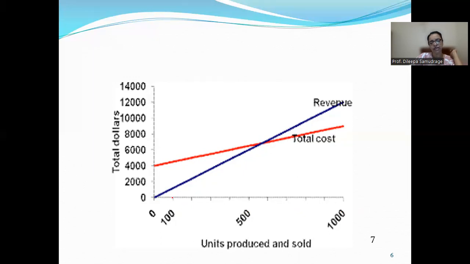So when units change, your revenue changes. When sales increase, your revenue increases. When production units increase, your total cost increases. So likewise, when volume changes, your revenue changes and also your total cost changes.